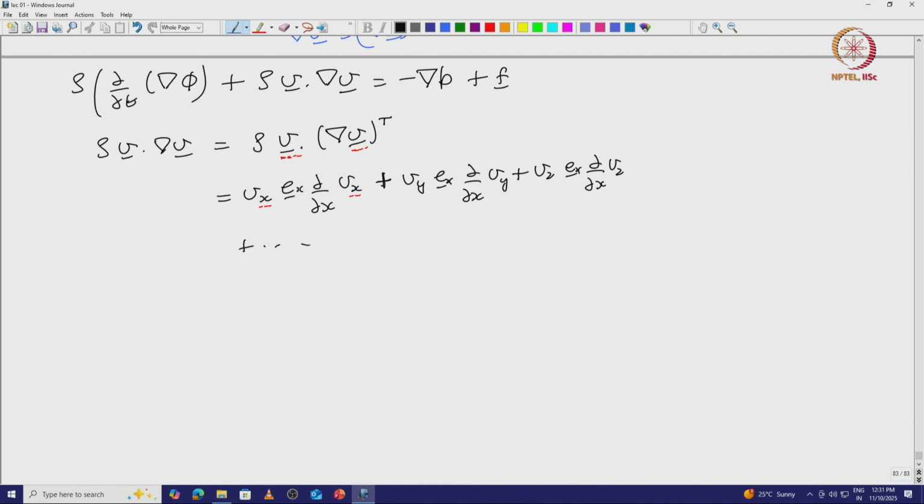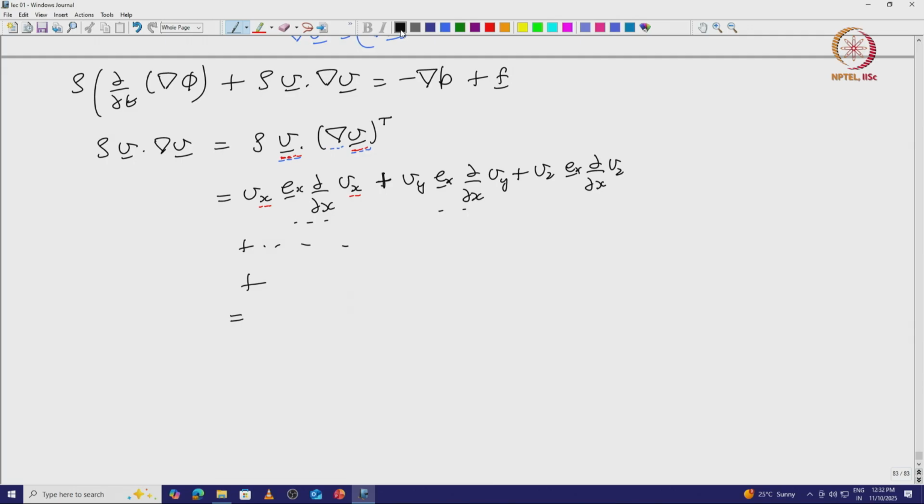Plus you will have two more rows where you replace this Ex d by dx with Ey d by dy, and Ex d by dx with Ez d by dz. So you will get a total of 9 terms in this, where the indices of this velocity and this velocity are dotted, and the free unit vector comes from this gradient vector.